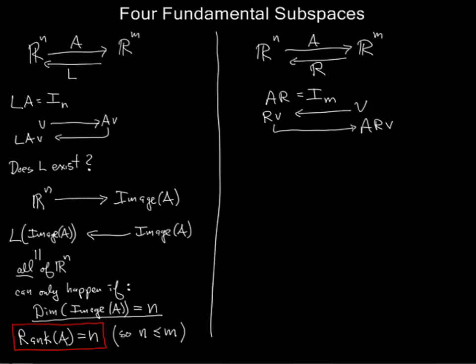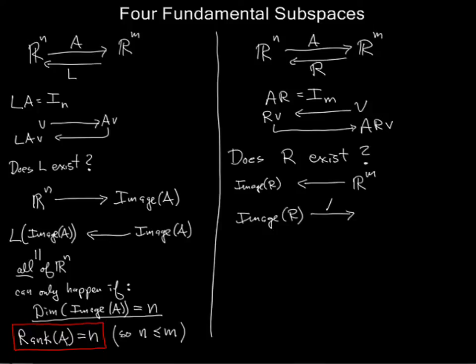Okay, let's look at the other direction. Does R exist? So let's see. If R is going to exist, we have this map from Rm to Rn, and the image is R, and then A is supposed to take the image of R back to all of Rm.